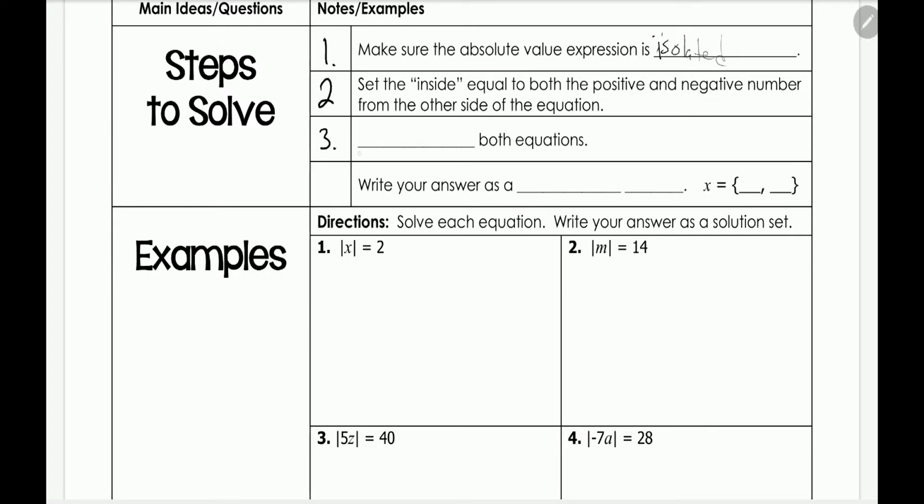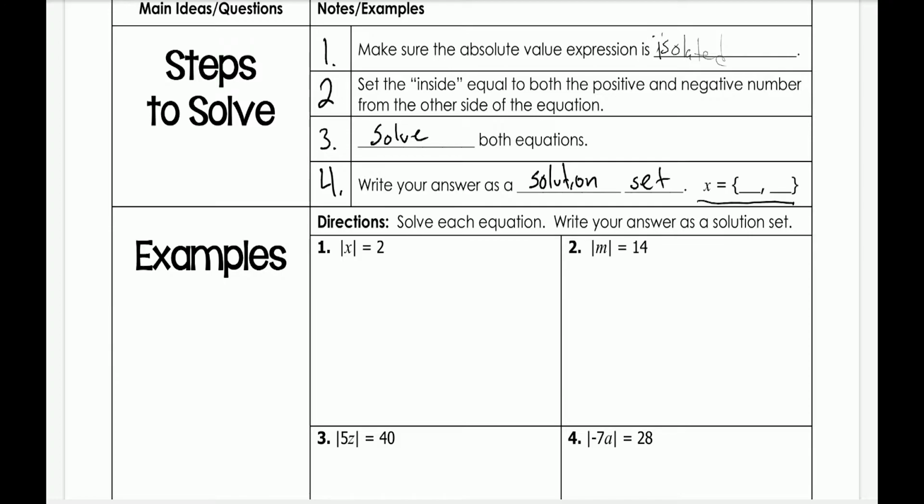The third step would be to solve both equations. And 4 would be to write your answer as a solution set. Or in other words, I need it as x is equal to blah. I'll give you some examples so you know exactly what I mean by that.